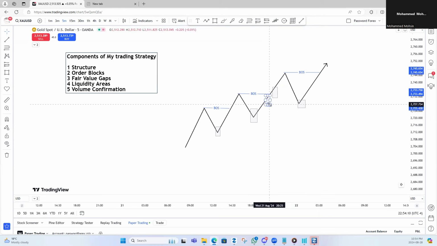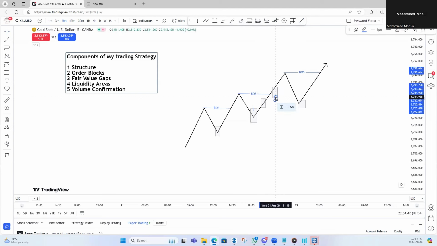So for instance, three candles going upward, creating a gap in between. Between candle number one and candle number three, there is a gap, right? This gap needs to be filled.